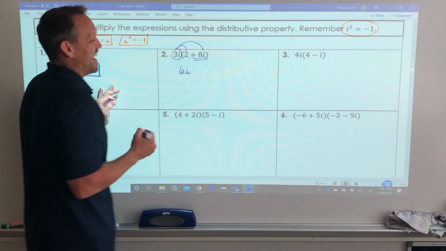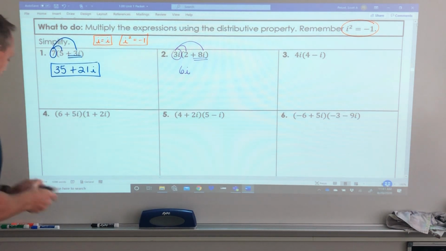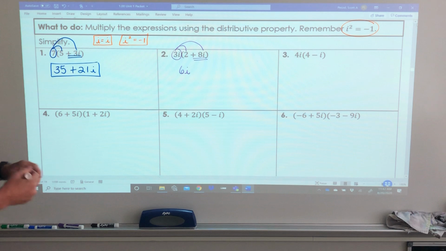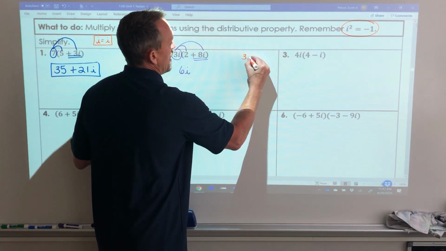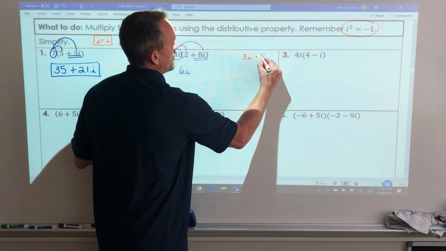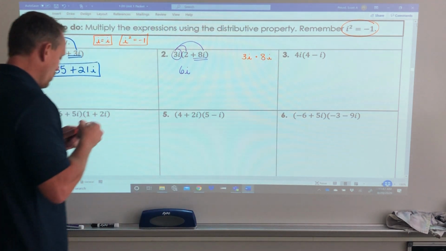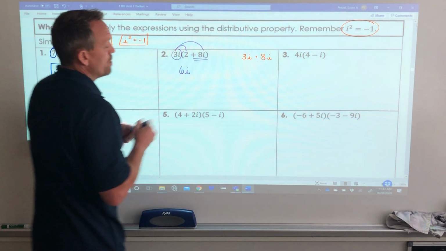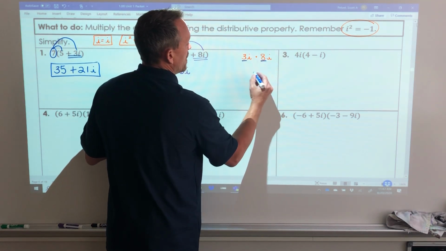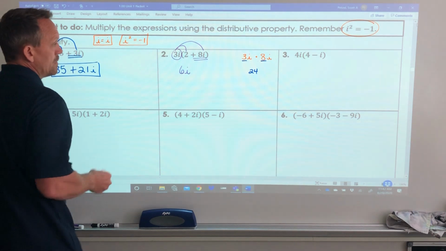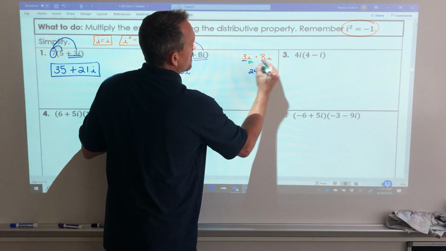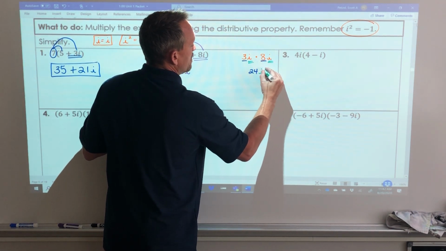3i times 8i. So let's talk about how we do that, okay? Over here to the side. We would have 3i times 8i. Well, what you do with that is you multiply the numbers by each other, and then the i's by each other.